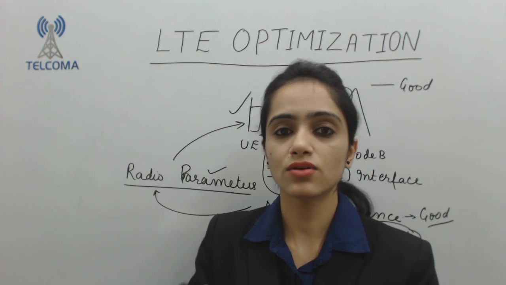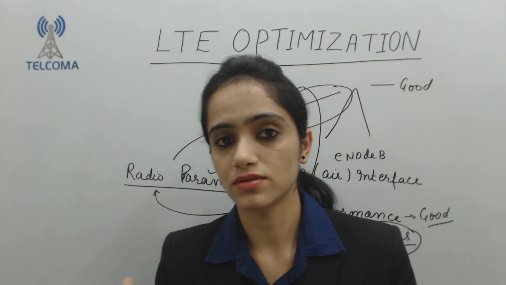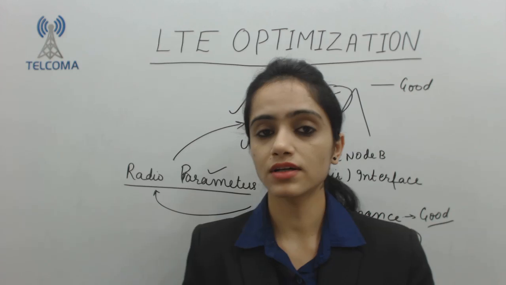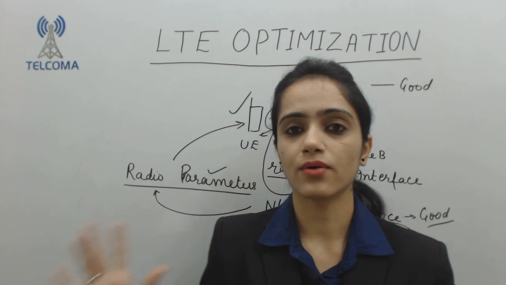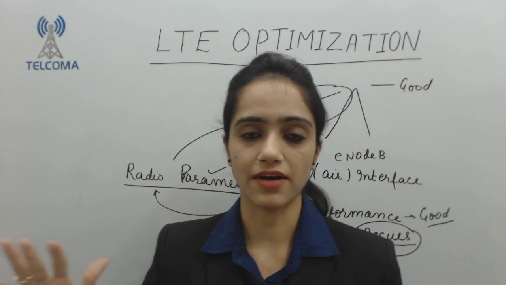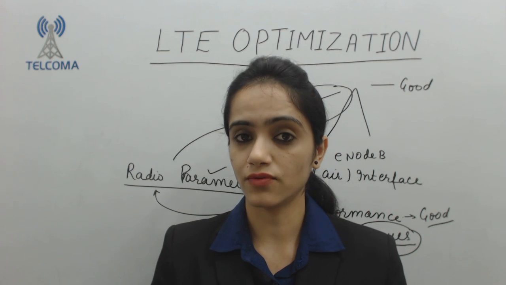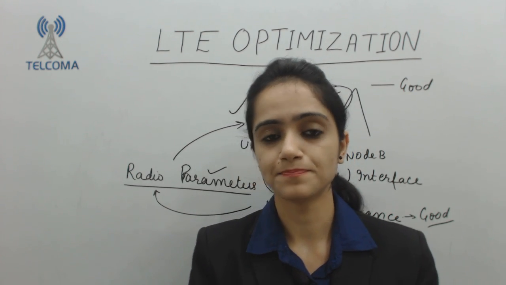That means to optimize the network, to find the particular values, and to check the solutions for how to remove particular issues in the network. That is the work of optimization: to remove all issues we are facing in the network, to find out the problems and their solutions.